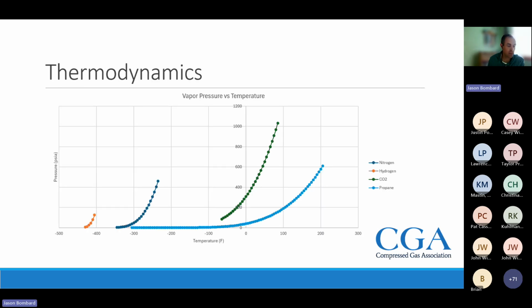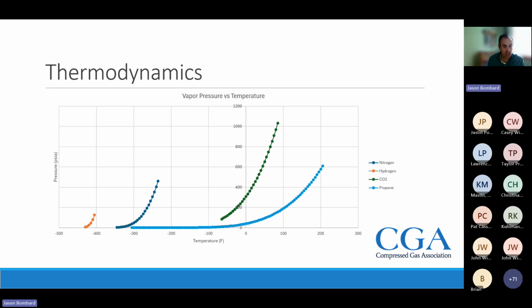So a little bit on thermodynamics, everybody's favorite subject. What's on the screen here is a vapor pressure curve, and just showing a couple of different gases that a lot of us deal with, just as examples. So starting at the right here is propane, carbon dioxide, nitrogen, and then hydrogen.